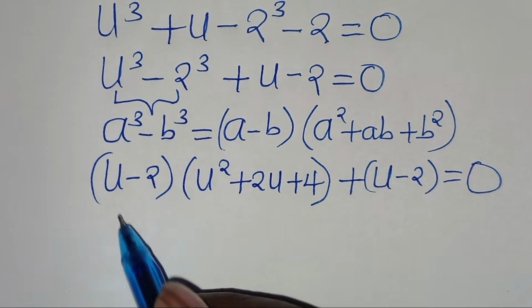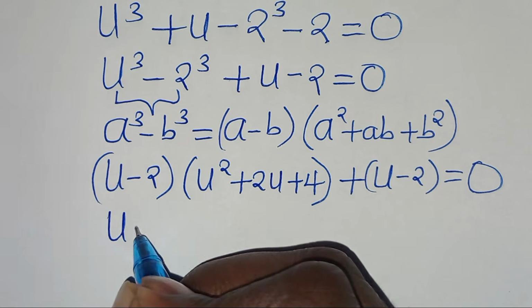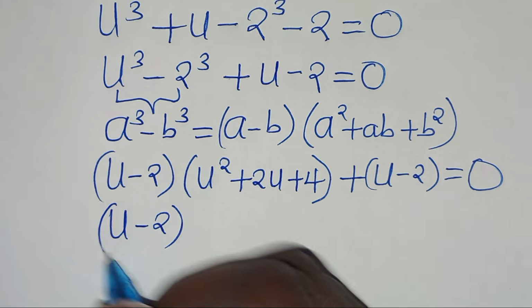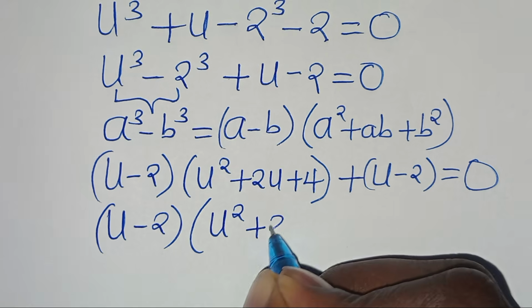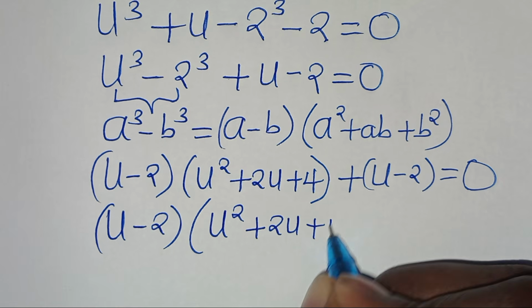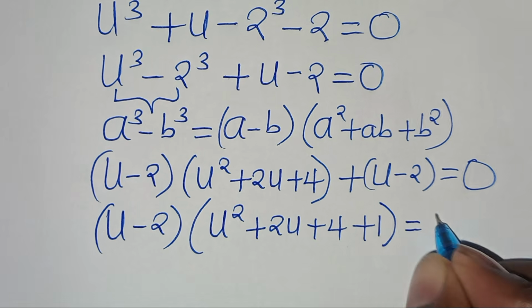Now we have that u minus 2 is common here, so we can factor out u subtract 2, into the parentheses, u to the power of 2 plus 2u plus 4 plus 1, close the parentheses. This is equal to 0.